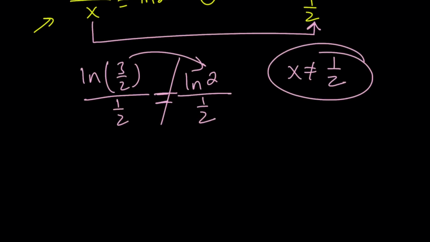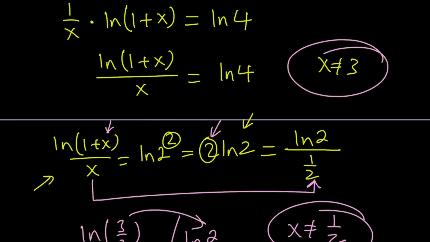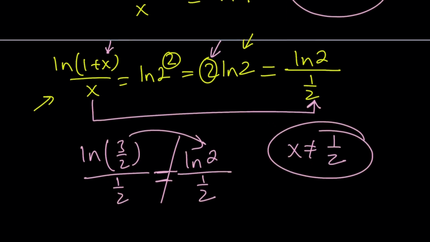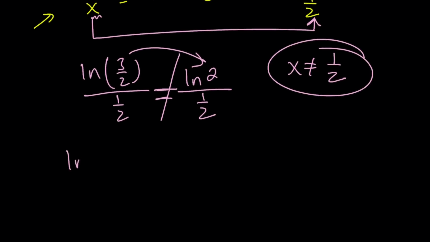My only option probably is to go with a different approach, and that is going to be a negative number because I have a 1 plus x, but I have x here. So 1 plus x hopefully can be made smaller by using a negative number. And how can we achieve that? So here's what we're going to do. Finally, we can write the 4 as ln 2 to the power 2.